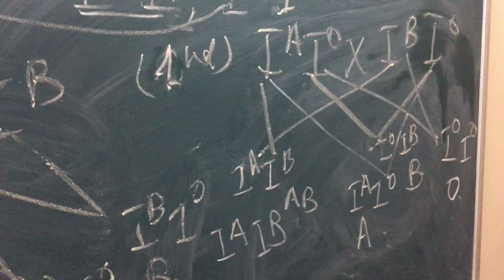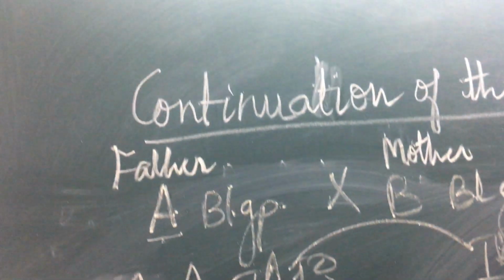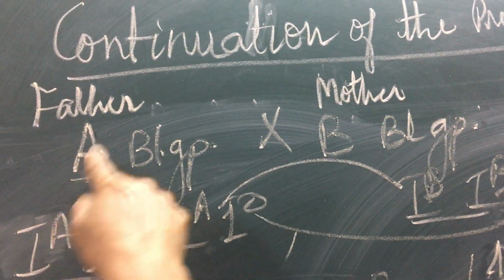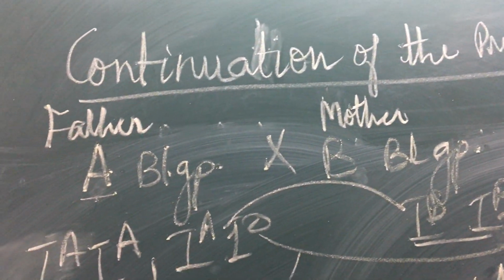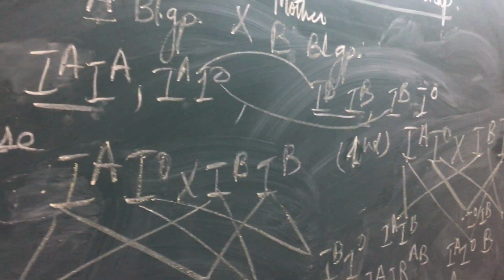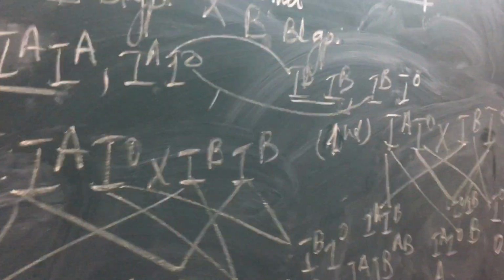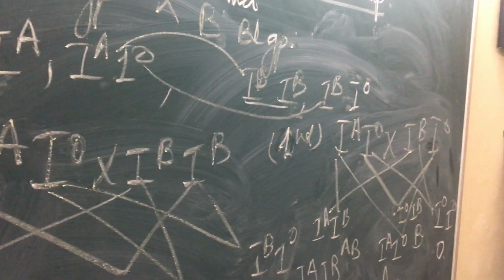This exercise is very interesting. You can do A into B, or AB into AB, A into O, B into O. So many options are there in your books also. Since you do not have your books, you can try it yourself. In the chart, the options are given. So thank you very much. Tomorrow we'll continue.